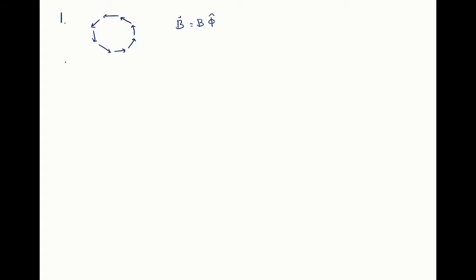Okay. Now let's define our Amperian loop. Since the magnetic field's going counterclockwise, I'm going to define this path to be counterclockwise as well. And I'm going to make the radius of this s, because that's the variable in cylindrical coordinates. Okay, so what's b dot dl?